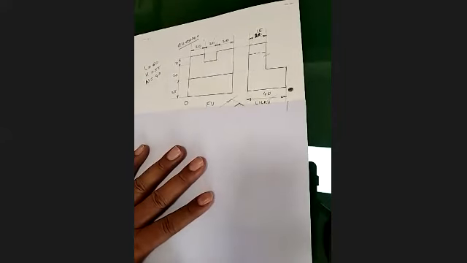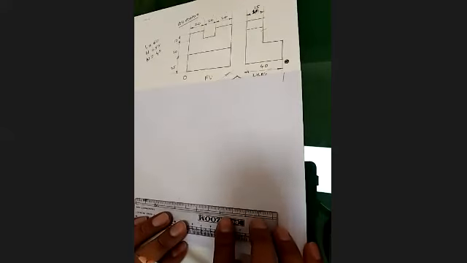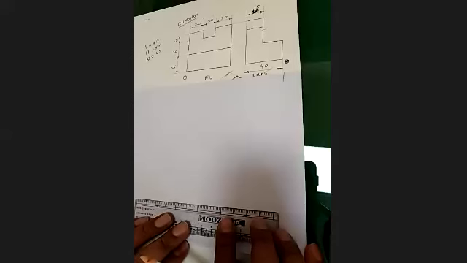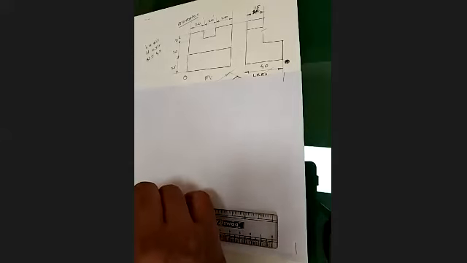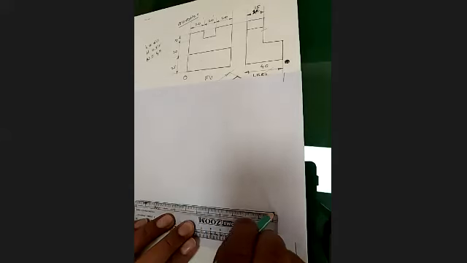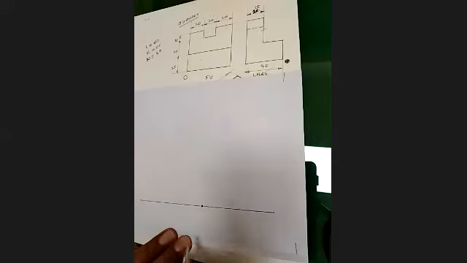Now we can construct the box first of all, and then we'll complete the final answer. Okay. So how will you get the box? As usual, draw the XY line, or horizontal line, we can say. Mark any point on this horizontal line.